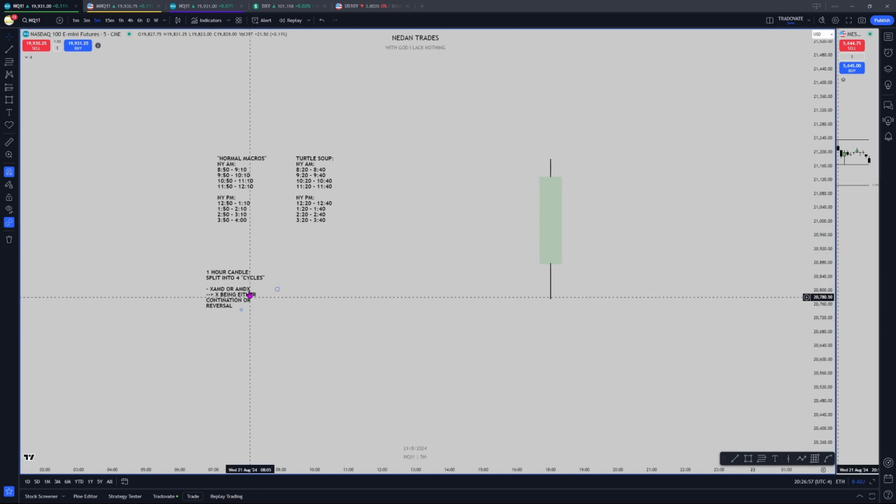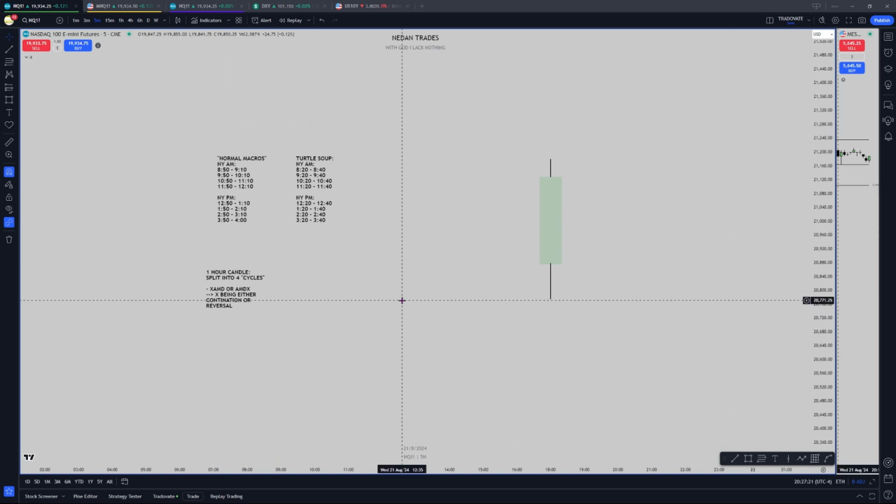And then X would be either continuation or reversal. Based off whether or not the draw on liquidity was met, the macro will either reverse or continue. So it's really important that you see what the previous cycles did within the hourly candle.